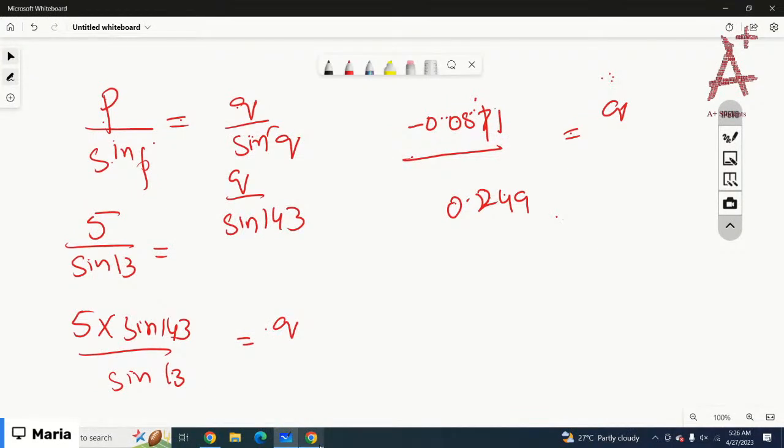Hold on. Sine 143 multiplied by 5. Okay, negative 0.0871 divided by 0.2249.